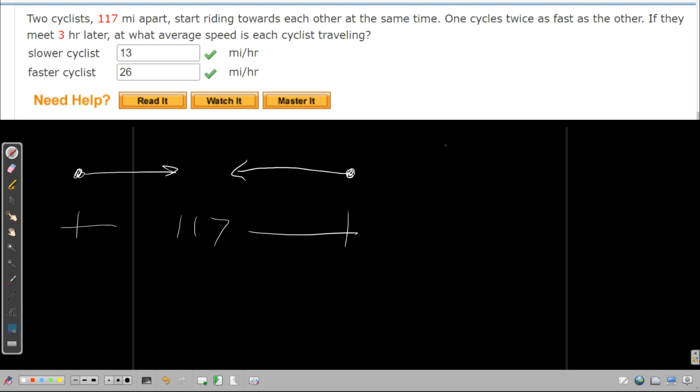Okay, so distance equals rate times time, and we can call this here the distance D1 for cyclist 1, and this will be distance D2 for cyclist 2, and the rates are what I am trying to figure out. And they both rode for 3 hours.